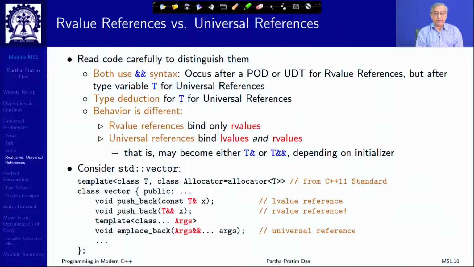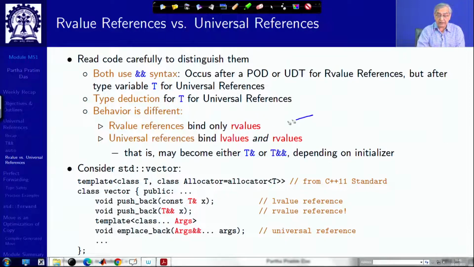An R value reference will bind with R values, and a universal reference will bind with L values and R values.